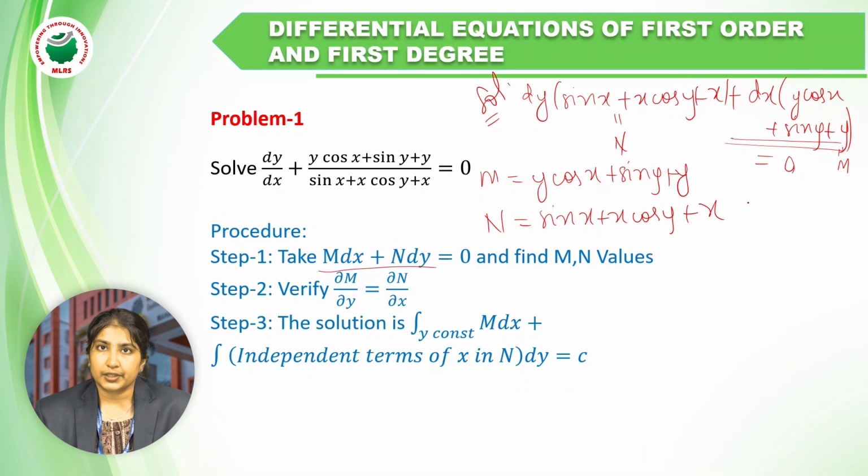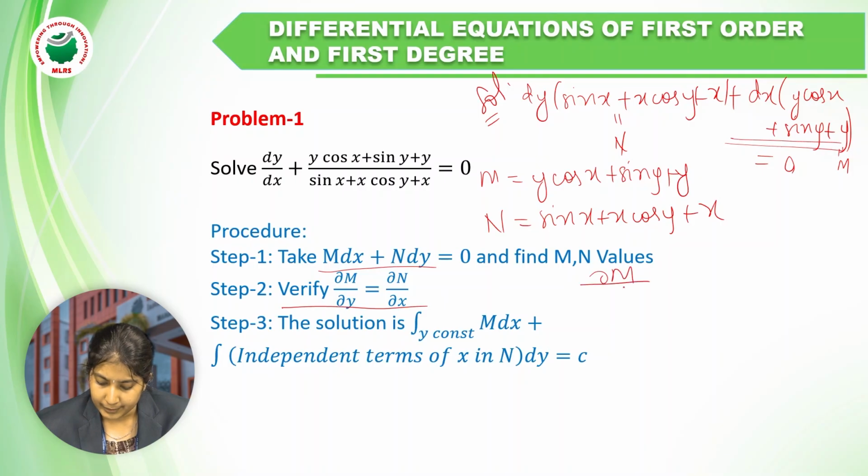So what is the condition to verify here? dou M by dou y is equal to dou N by dou x. So dou M by dou y, that is partially differentiating M with respect to y, which means other variables are constant here, that is x will be constant. So you take M and differentiate it with respect to y. What you are getting?